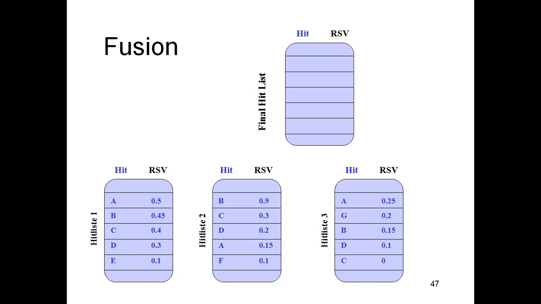Okay, B is popular. Why? Must be because of its high retrieval status value. If I sum up all the RSVs, actually that's what we learned in the web retrieval case for aggregating retrieval status value plus PageRank.